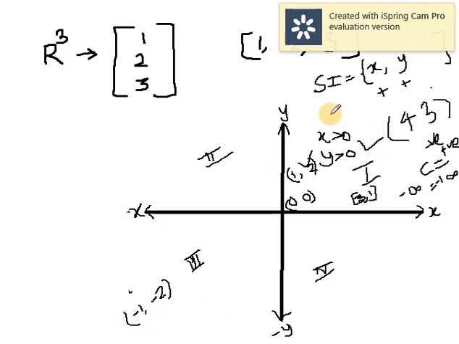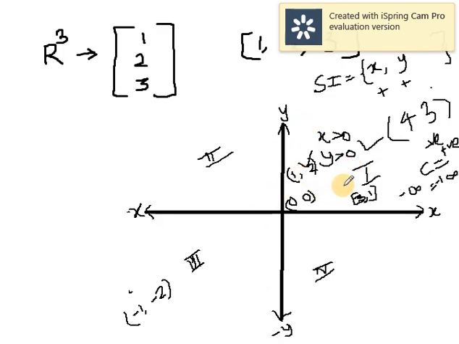In our subspace, we have taken only the first quadrant, and multiplication by a negative scalar, let's say minus 1, will not give values in the first quadrant. So the second property is not satisfied, and as the second property is not satisfied, it is not a subspace.